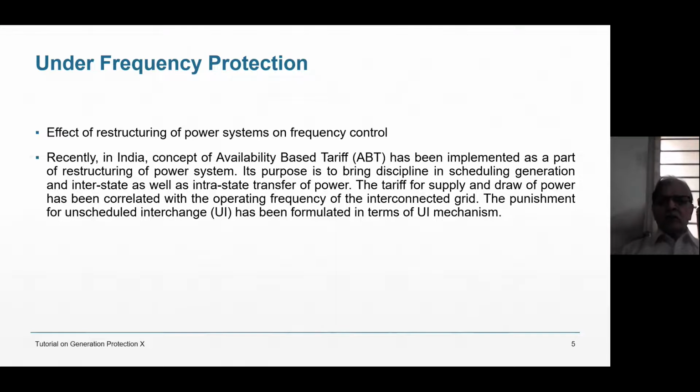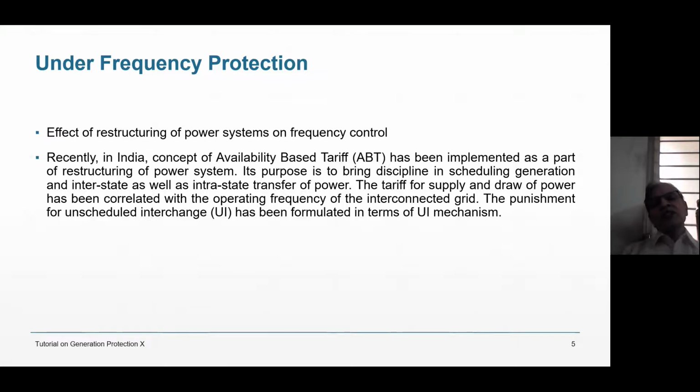So they are independent, and they can impose the rules as they like. Accordingly, now in Gujarat, we are not facing the problems of cascaded tripping or instability in the power system. But otherwise, under frequency is very serious.